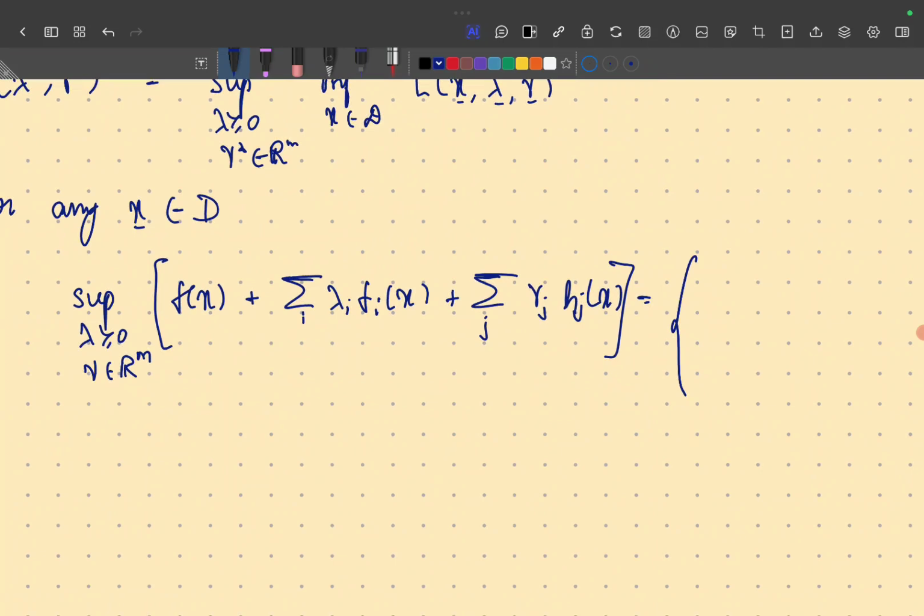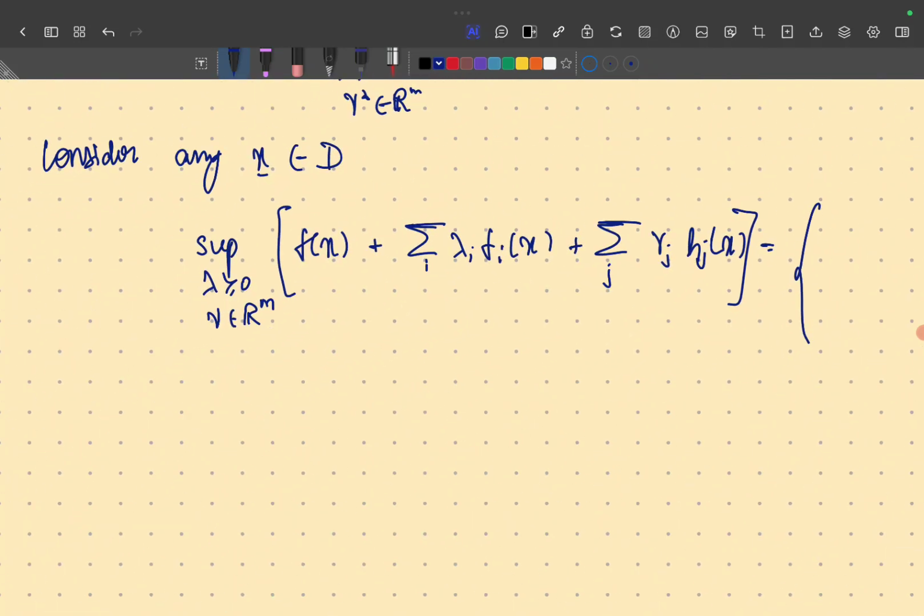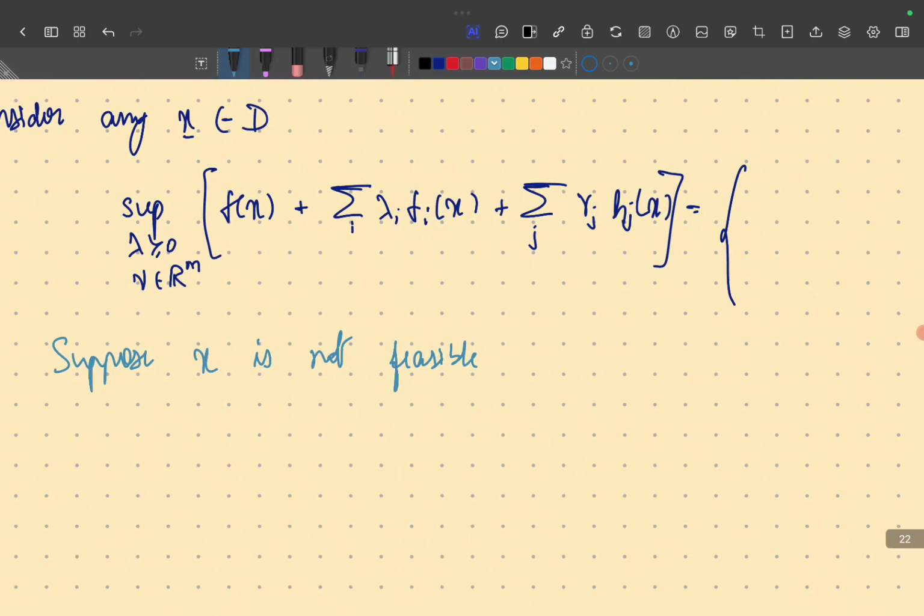Or maybe let me start with the other way around. So suppose x does not satisfy the constraints. So x is not feasible. Then what is the above supremum going to be equal to?